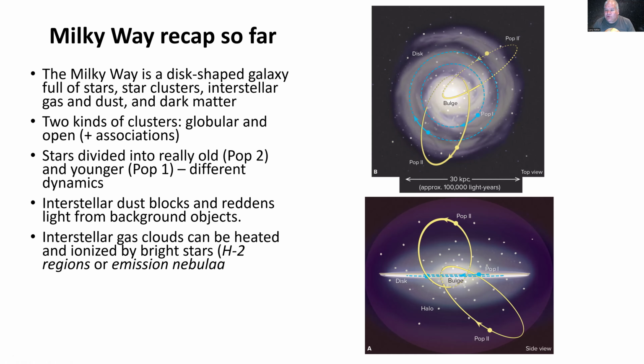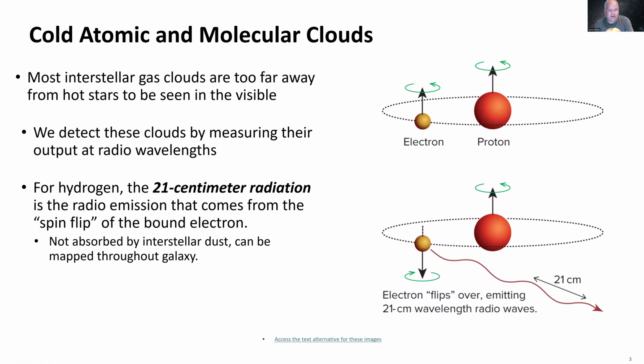But what about cold gas? There's also a lot of cold gas in the Milky Way, and it's not hot enough to be ionized and emit light in that way. But it turns out that electrons have an interesting property that is the equivalent of spinning. Imagine an electron orbiting the proton nucleus, and every now and then the direction it's spinning can flip from up to down.